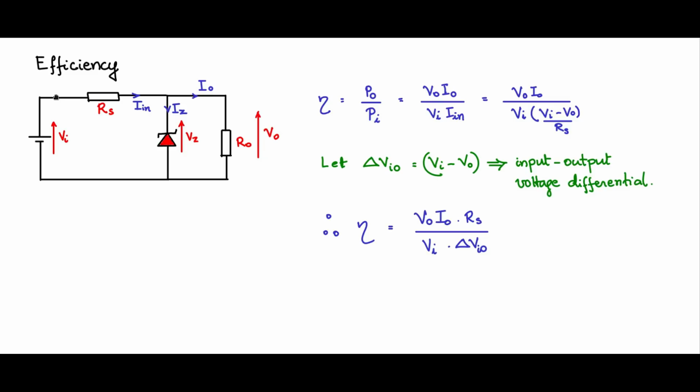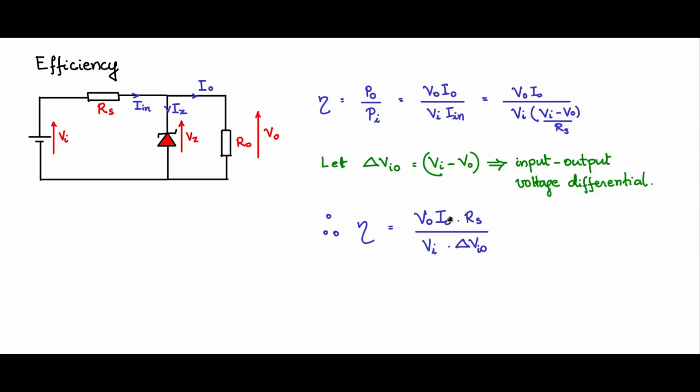Let us say for a linear shunt regulator, if I take Vi of 10 volts, V naught of 5 volts, the input output differential would be 10 minus 5, 5 volts. For the same V naught, if I am having Vi of 15 volts, then the input output differential would be 10. So the 15 volt input would have a lower efficiency than the 10 volt input linear regulator.